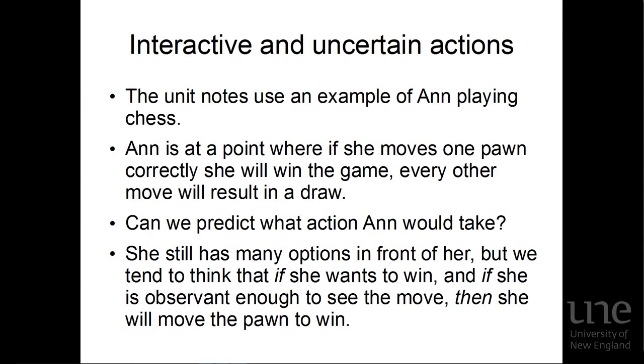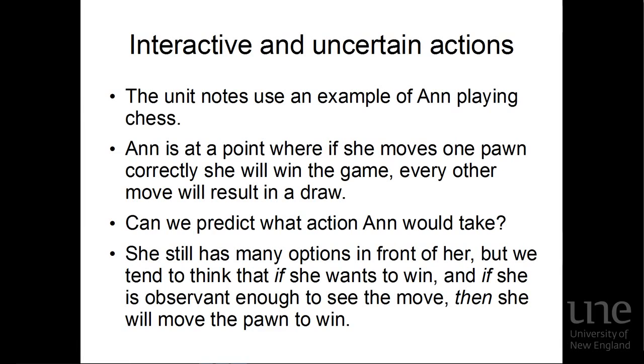If Anne did not want to win, if she preferred a draw to a win, if drawing is higher on her preference than winning, then absolutely any other move is more rational for her than the actual move of the pawn.